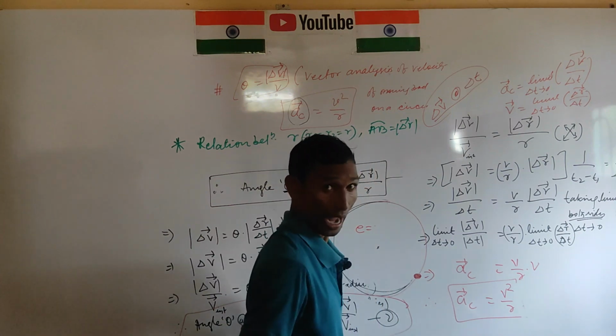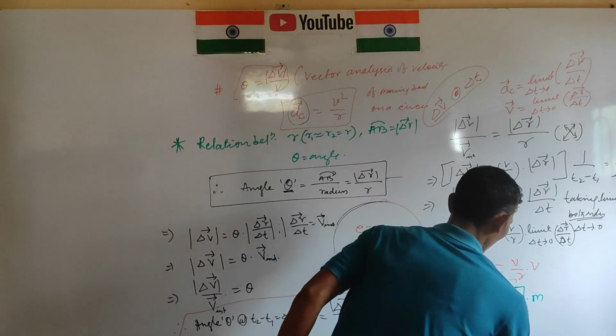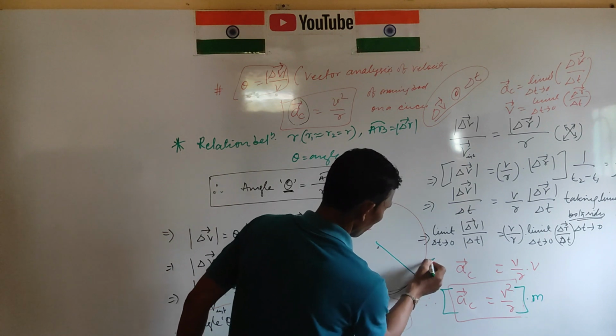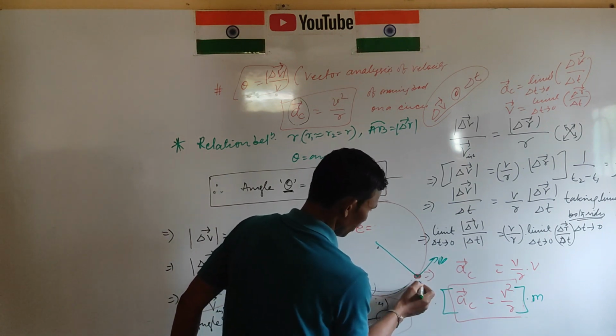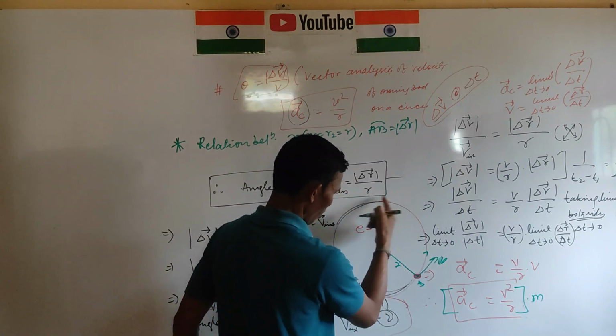Then we get the centripetal force. The body is moving with constant velocity, this is the mass and this is the radius. This is the relation. This is the orbital.